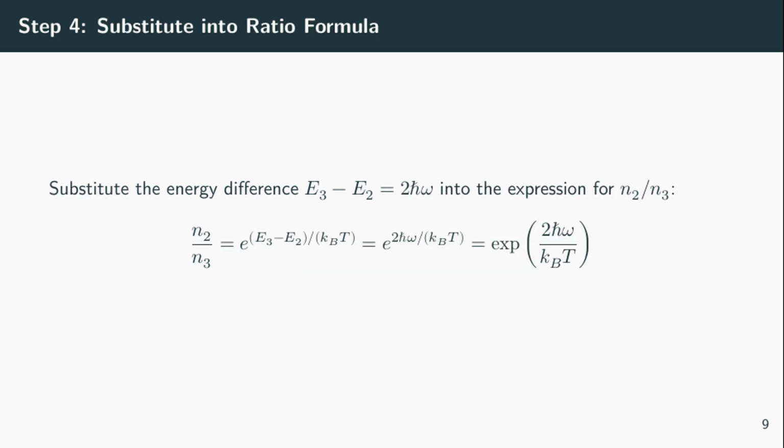Now for step 3, we substitute this energy difference into our ratio formula. The ratio N2 over N3 is e to the power of (E3 minus E2) divided by kBT. Substituting our energy difference, this becomes e to the power of 2 h bar omega divided by kBT. We can also write this using the exponential function notation as exp of the fraction 2 h bar omega over kBT.